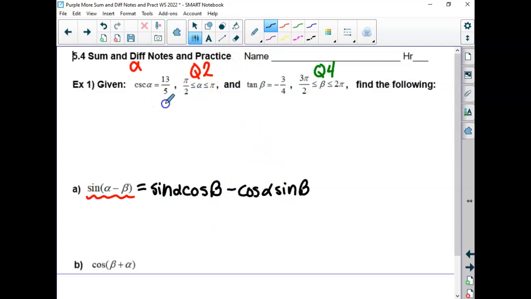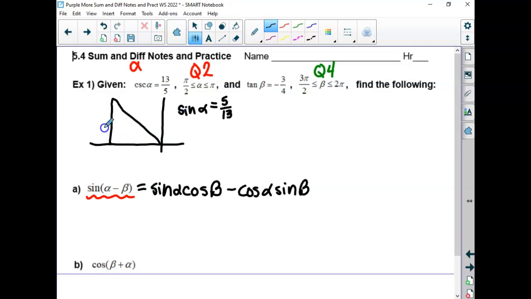So I'm going to go back up here, draw a quadrant 2 triangle. How am I going to label this if I know its cosecant is 13/5? Well, how about I just flip it over? What's the reciprocal of cosecant? So the sine is 5/13. We're going to need that in a minute anyway.